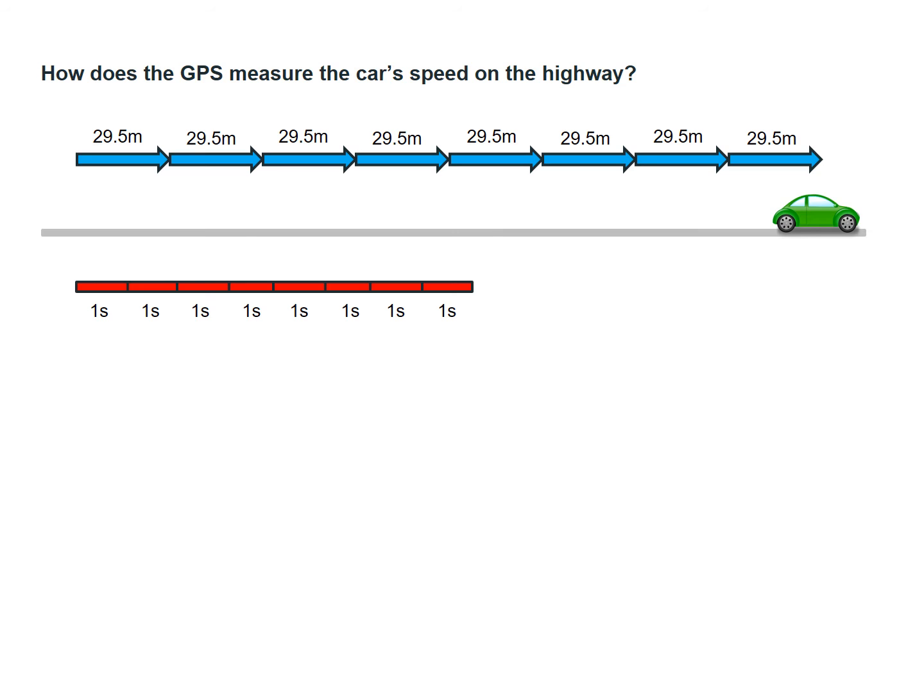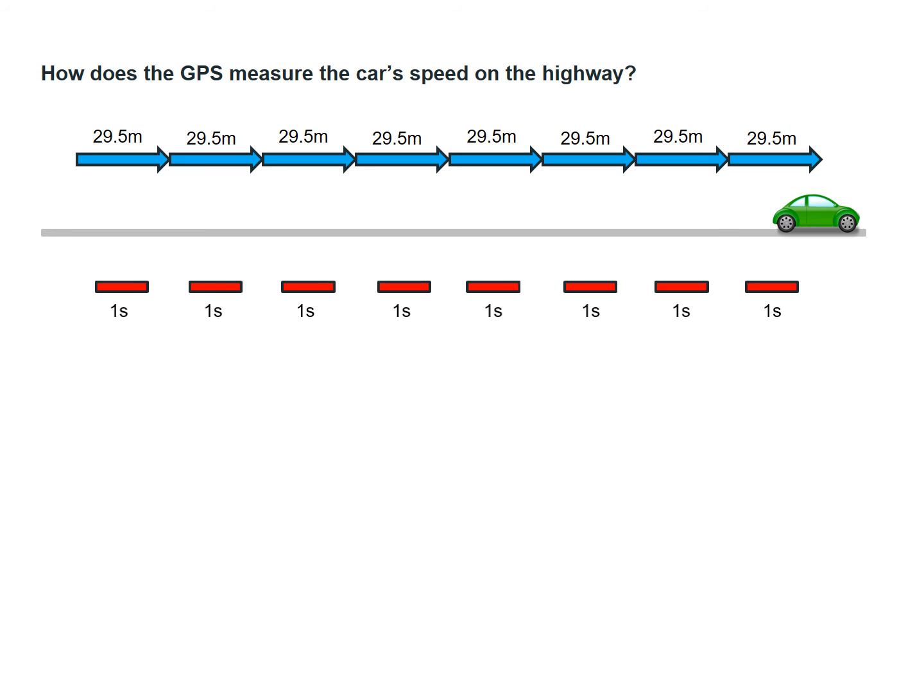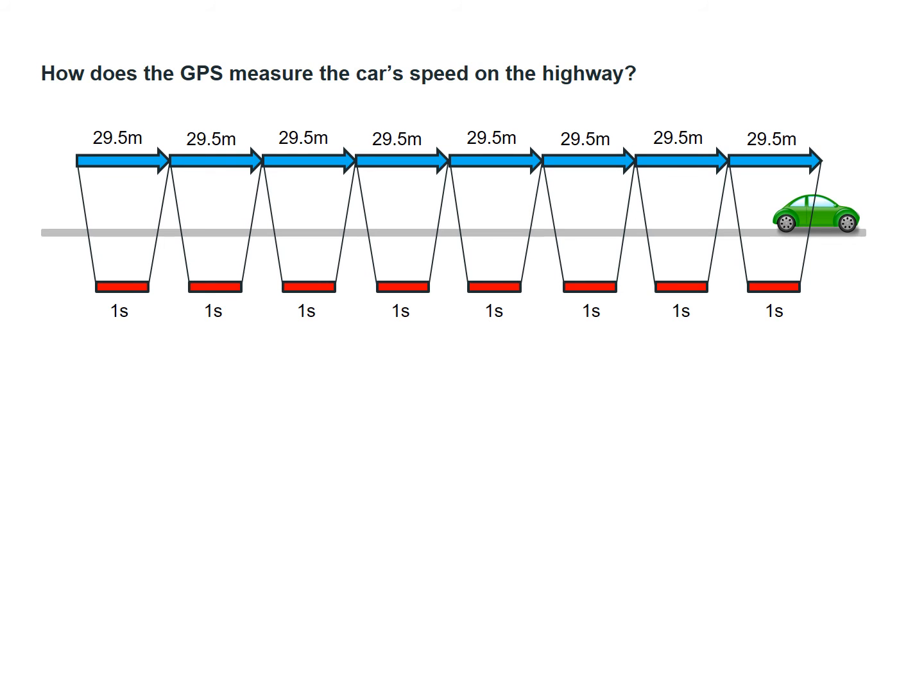Now let's think about how these time intervals correspond to the distance intervals. As before, these black lines indicate how each distance interval corresponds to a time interval. The key feature here is that the size of each distance interval is always the same, no matter which 1-second time interval you are looking at.